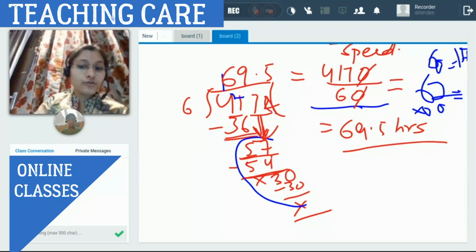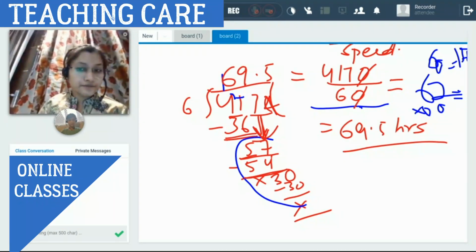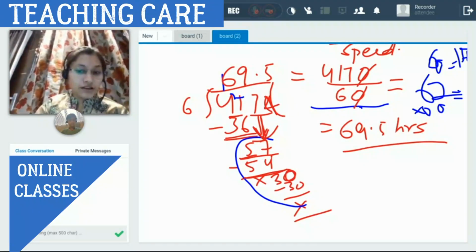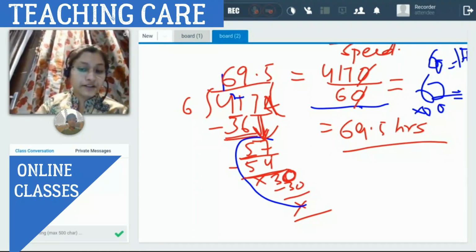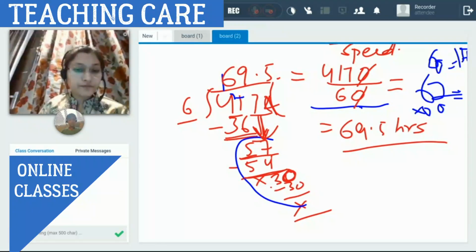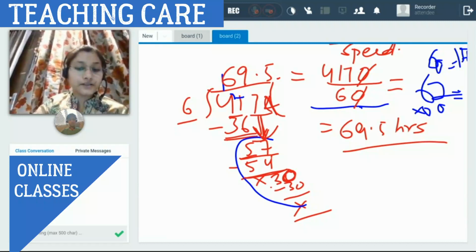Now, if there are no more numbers, I am out of numbers, then we place a decimal over here. After placing the decimal, I can add a 0. After adding the 0, I got 30, and now 30 is completely divisible by 6, 6 fives. If it was not completely divisible, some other number would have been there, I can repeat the process again.